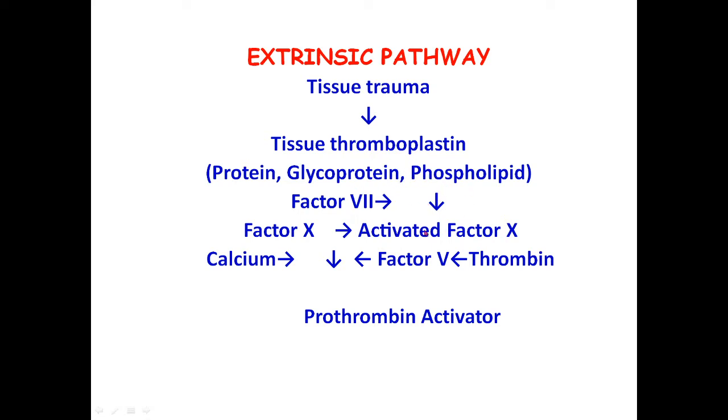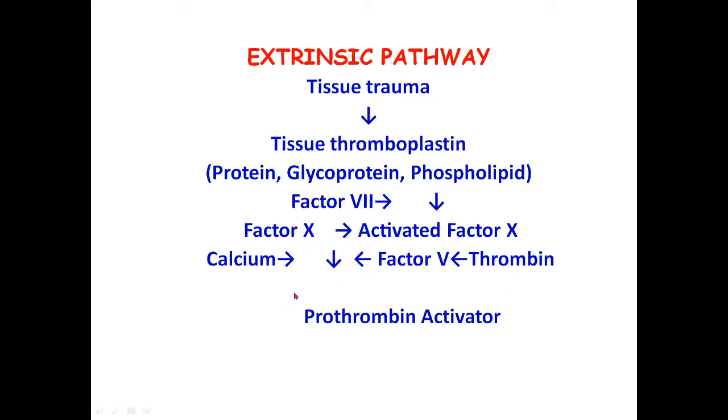This factor 7 then activates the inactive factor 10 and it gets activated. And this activated factor 10 and this factor 5, that is the active factor 5, in the presence of calcium ion and the phospholipid, forms a prothrombin activator.